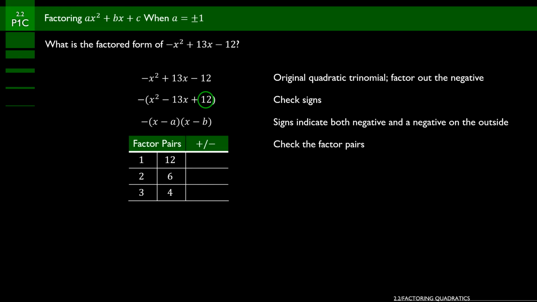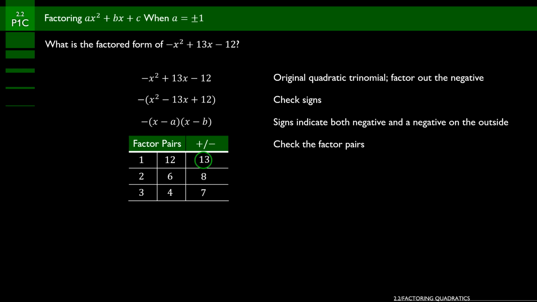Since we've got the same signs inside of the parentheses, we're going to go ahead and add these together. So 12 and 1 gives us 13, and that is the one we're going to use because 6 and 2 is 8, and 4 and 3 is 7. So we choose to use 12 and 1.